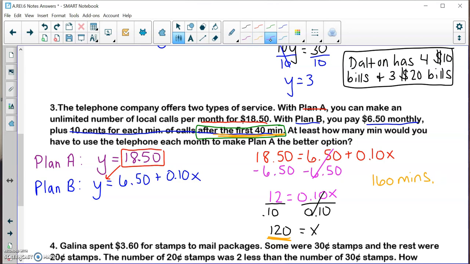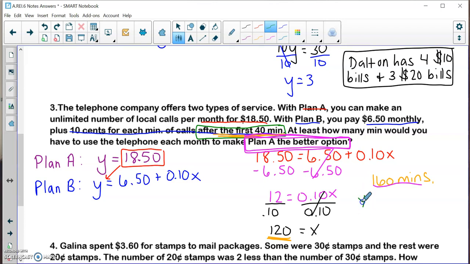We want at least how many minutes we would have to use the telephone to make plan A the better option. So we want plan A to be cheaper, which means that if we are talking for 160 minutes and both plans are exactly the same, that if I talk for 161 minutes, plan A will now become the cheaper option, plan B would become more expensive.